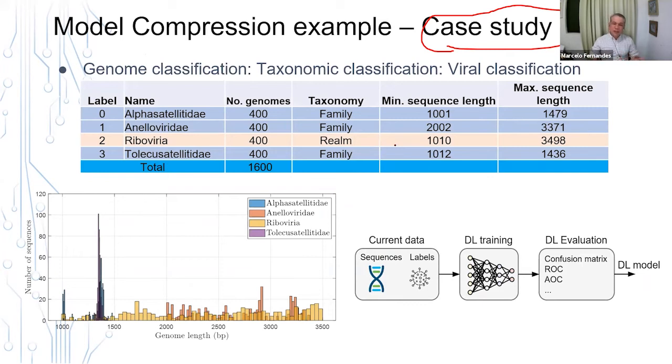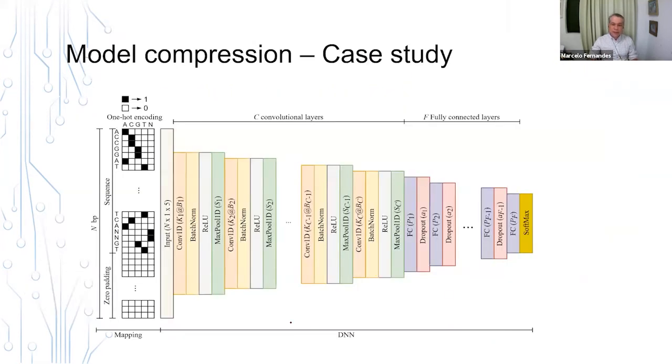This is just an example where we have 4 viruses, and the CNN needs to classify the virus. I'm going to show you the performance when you use quantization. This is the deep learning model that I used to get these results.